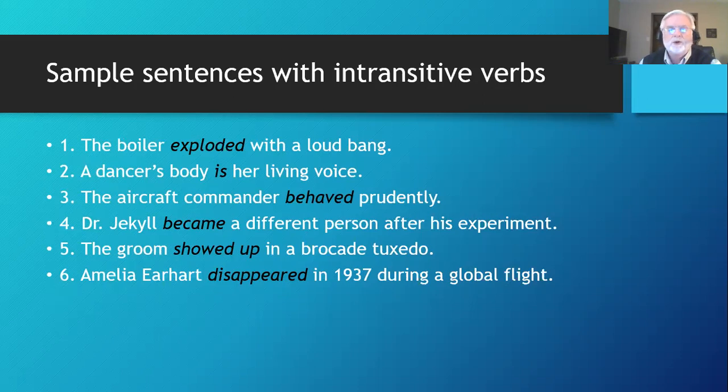The groom showed up in a brocade tuxedo. Amelia Earhart disappeared in 1937 during a global fight. Excuse me, during a global flight. Now, I hope she didn't have any fights. All right.